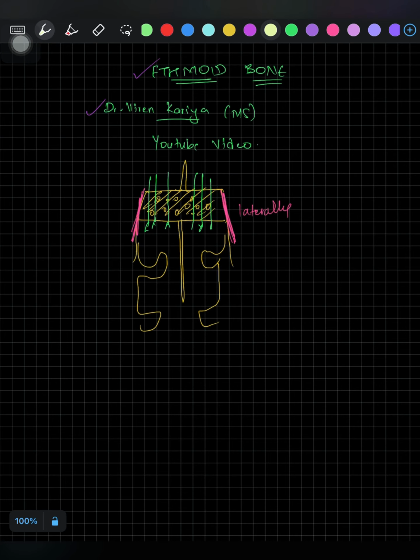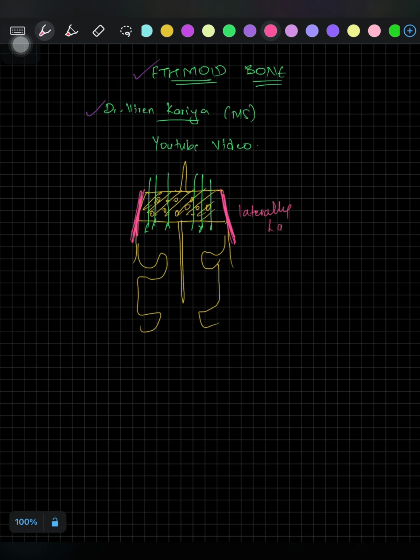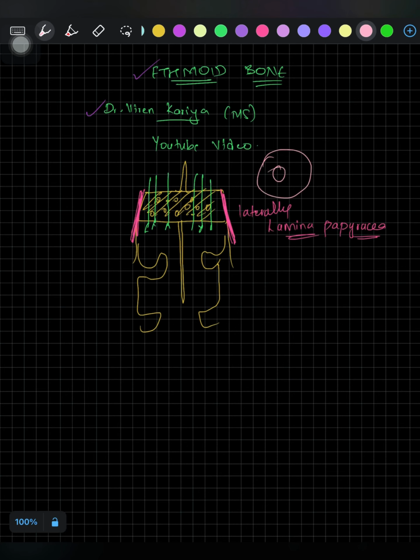That's the perpendicular plate of the ethmoid bone. So what will form the medial part of your orbital cavity? It is lamina papyracea. Ethmoid bone is in the middle, and on either side you have your beautiful eyes. So lamina papyracea, that is the papery thin structure of the ethmoid bone, is going to form the medial side of your orbital cavity.